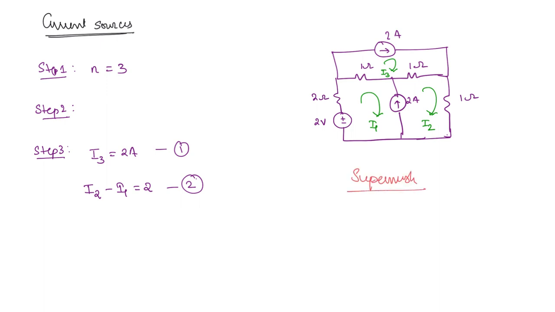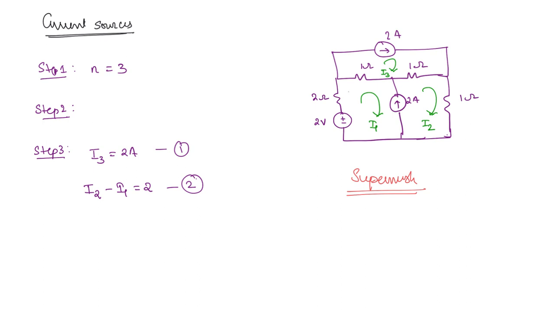So what is this super mesh? Just like in the case of super node, wherein we have taken 2 or more nodes together and applied the KCL by considering all of those nodes as a super node, here also we are going to apply KVL, Kirchhoff's voltage law, by considering more than one mesh. So what is that more than one mesh?